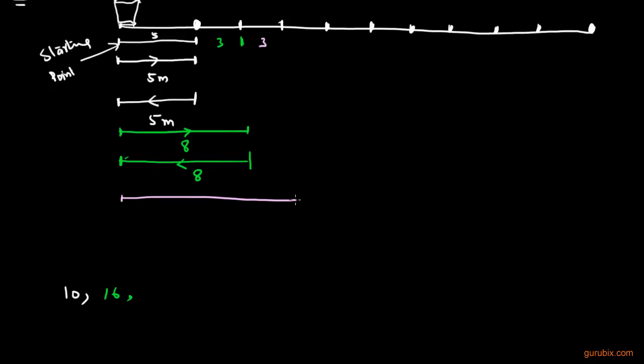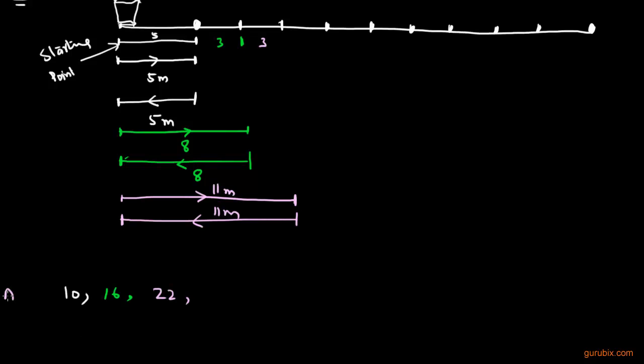Same as she will cover 8 plus 3, this means 11 meters to pick the third potato and 11 meters to drop it in the bucket. Therefore, she covers 22 meters.